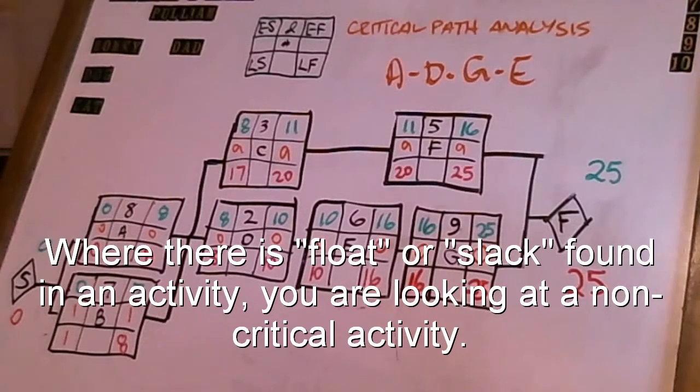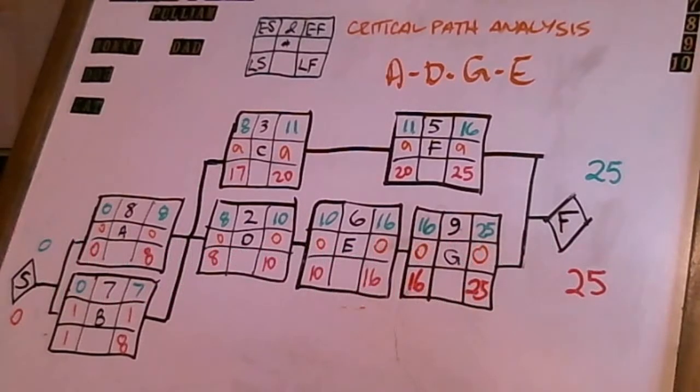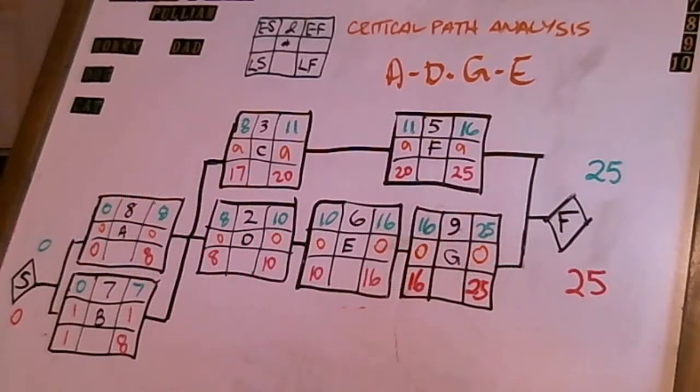One of those activities is activity B. When you calculate float, you're taking the late finish and subtracting from it the early finish day. In my particular example on this network, the unit of measure is days. So if we take activity B and look at the late finish date, that would be day 8.